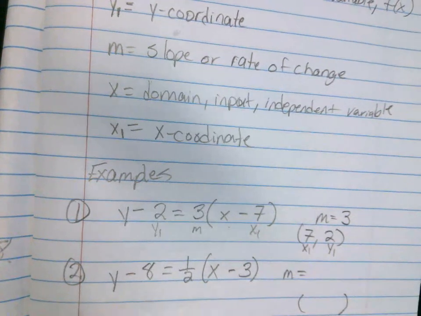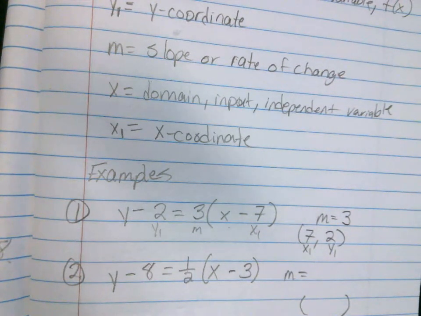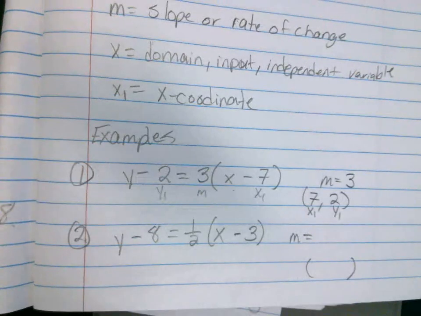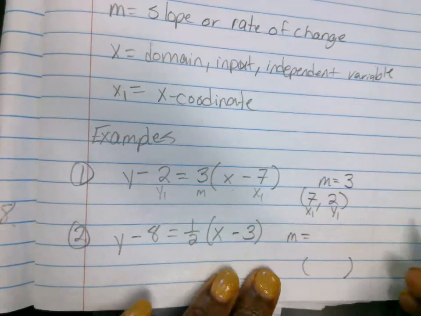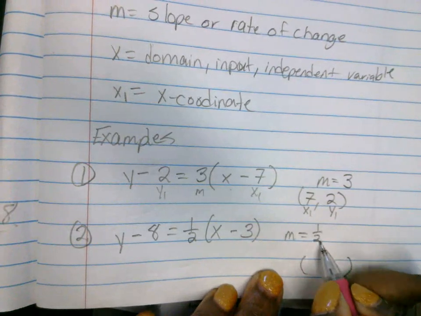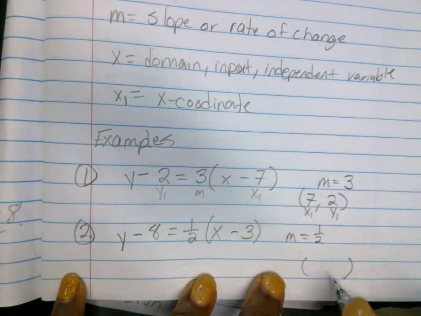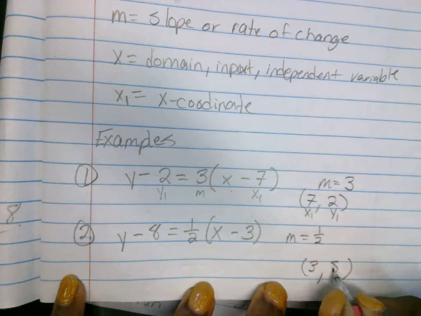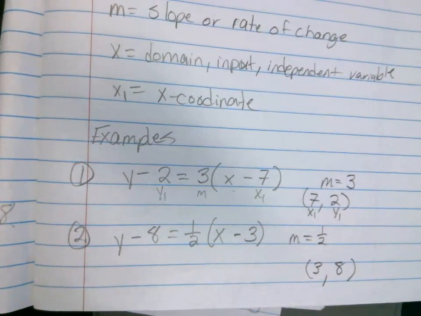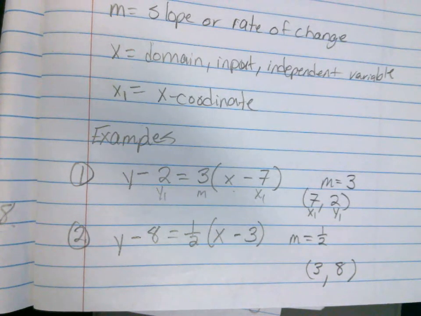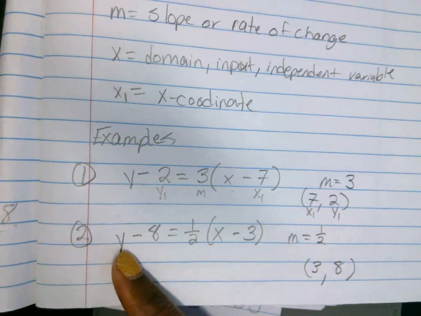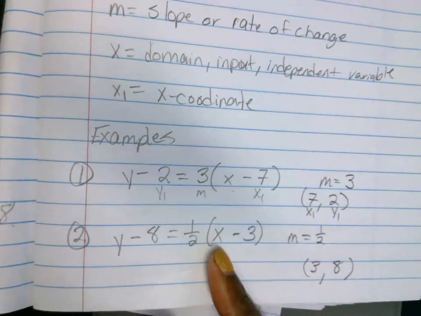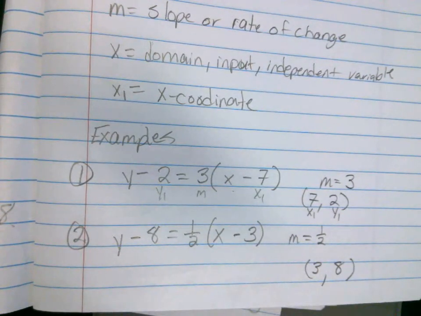See if you can get that on your own without me telling you. What is going to be my M? 1/2. Okay, what's going to be my ordered pair? 3, comma what? 8. Got it? You put it backwards. Okay, so remember the Y's are together. Y, Y1. The X's are together. X, X1. You got it?